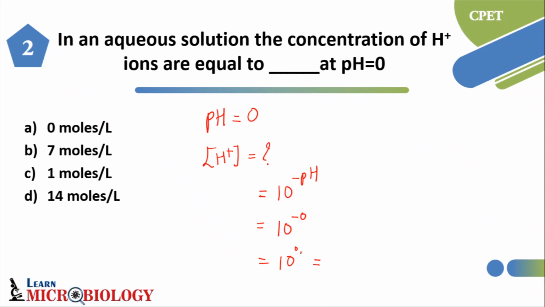So the answer should be 1 mole per liter. Students, don't make a mistake here. It cannot be 0, right? 10 raised to 0 is going to be 1. So our correct answer will be option number C over here.